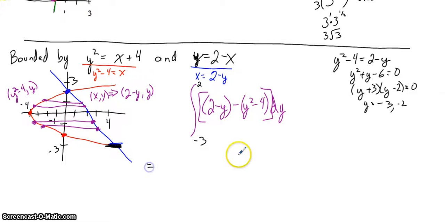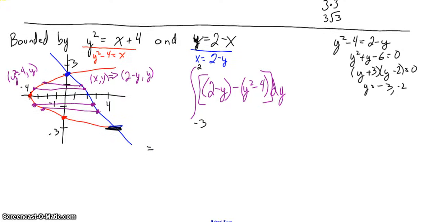And now we integrate just as we normally always do without worrying about any of the other stuff. First we'll simplify. So 2 minus a -4 minus y squared, dy.